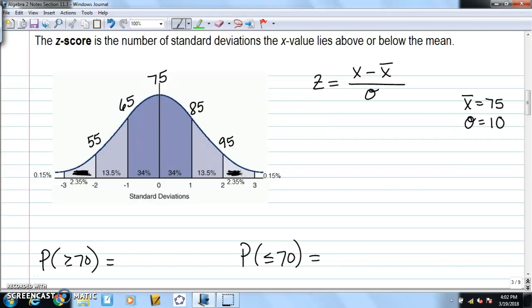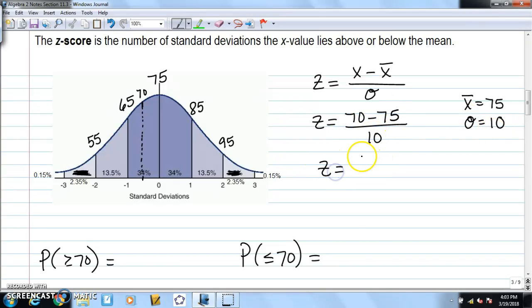Well, 70 lies somewhere between these, right? Okay, here's 70 right here. So what we're trying to find when we do this is what this z-score down here is. Now, you might have figured out already what this is by looking at this, but let's put it into the formula. So my target score is 70, my mean is 75, my standard deviation is 10.